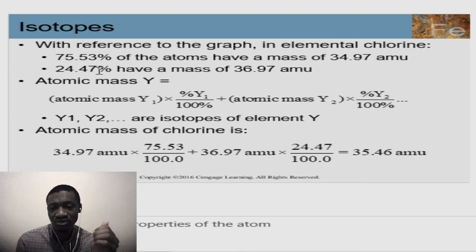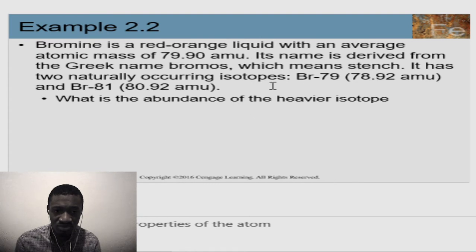What is the relationship? Notice that the relationship between the two is that if you add both of them, you get 100. If you add both of them, you will get 100. And in this question, you are asked to find the abundance of the heavier isotope. Which one is the heavier isotope between 79 and 81?